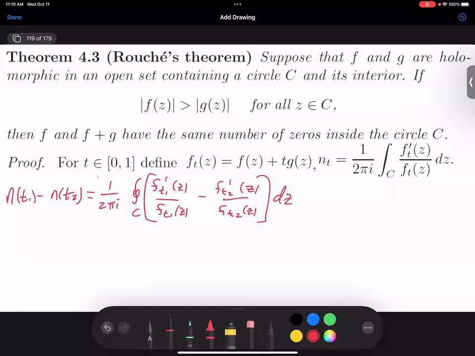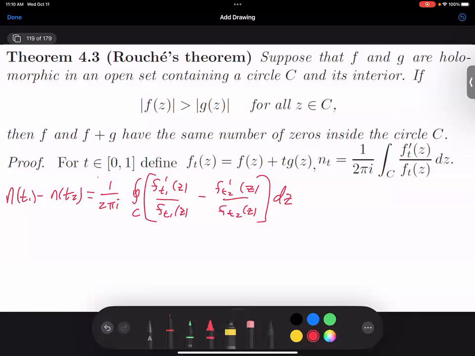Now, our function is really nice as a function of t, right? We could roll up our sleeves and just try to do the analysis directly because we happen to know what function we have. It's just f of z plus t g of z. Okay, well, if I have t1 and t2, I can put everything together and just do some algebra.